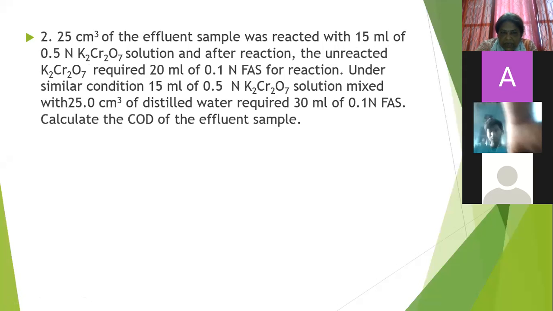Under similar condition, 15 ml of 0.5 N potassium dichromate solution mixed with 25 ml of distilled water require 30 ml of 0.1 N FAS. Okay, calculate COD.